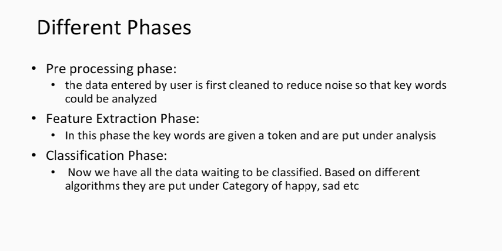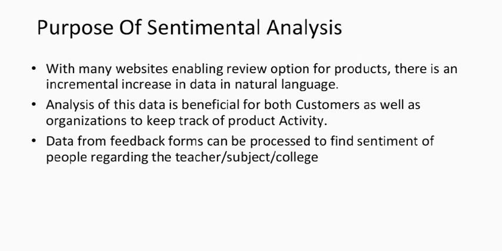So eliminating those words to figure out the main keywords is the first phase. Then the feature extraction phase. In this, the keywords are majorly extracted, given a token and put to analysis. Classification phase. In this phase, the data will be sent to classification, and based on different algorithms they will be put under categories like happy, sad. So this is the final phase.